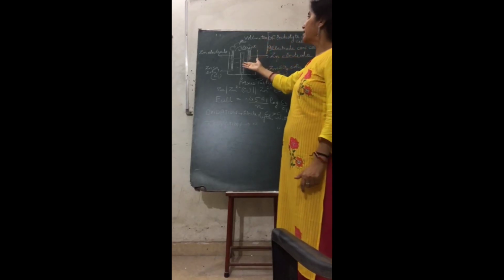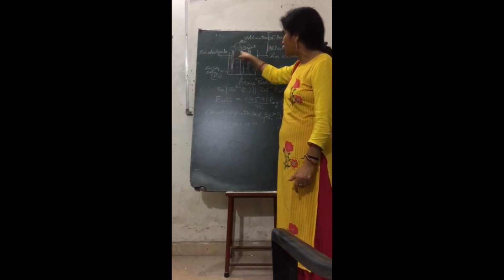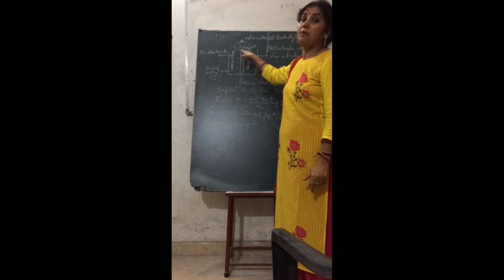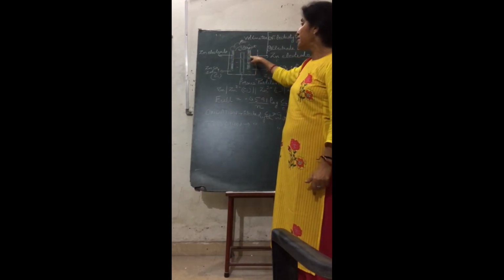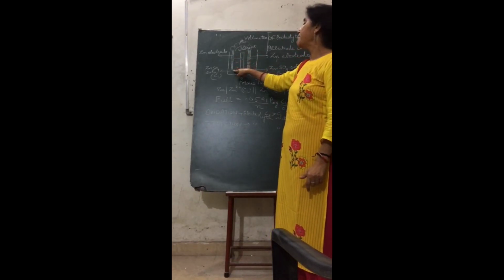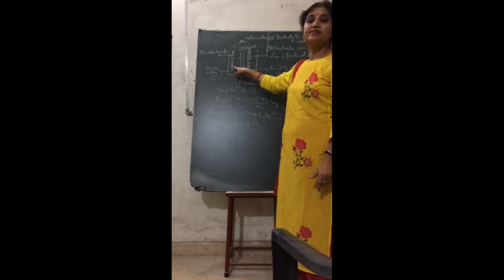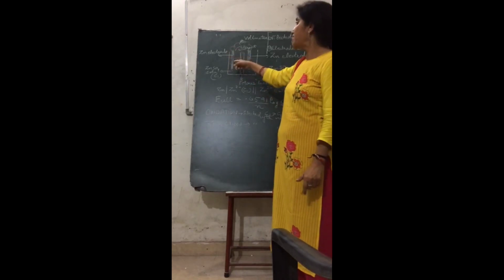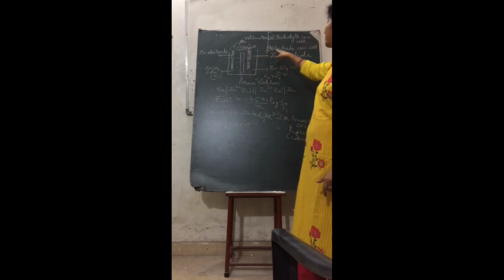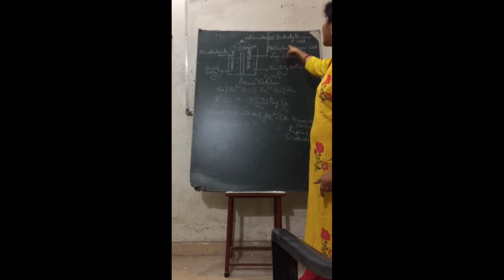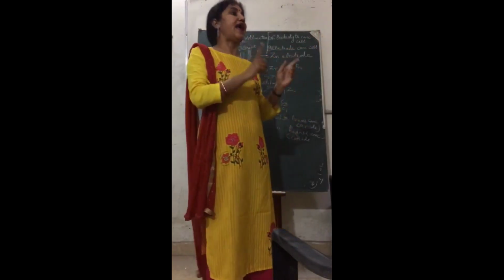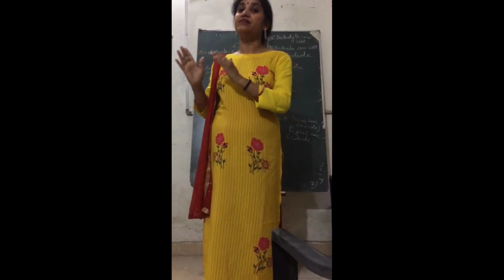Similarly, vice versa, we can take electrodes of different concentration, but now they are immersed in the same concentrated electrolyte, zinc sulfate. Then such a type of concentration cell will be known as an electrode concentration cell.